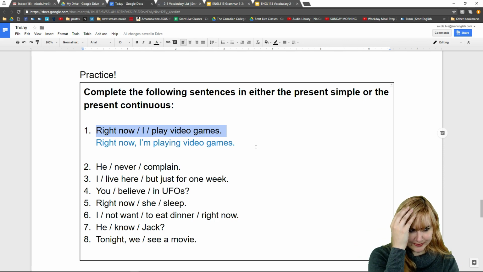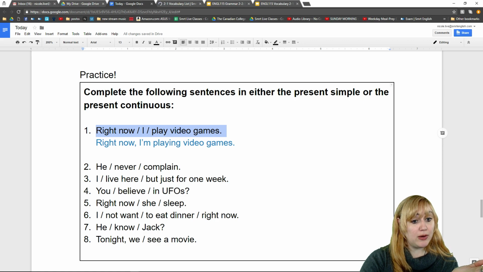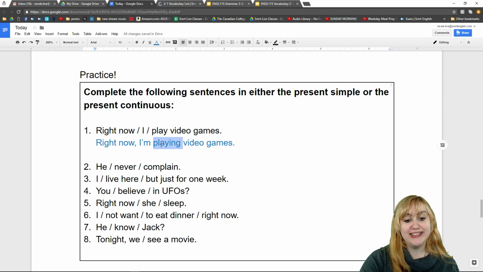And we have to decide, should I use simple or continuous? So we're talking about right now, and our verb is play. Play is not a state verb, so we should use continuous. Continuous because it's right now.